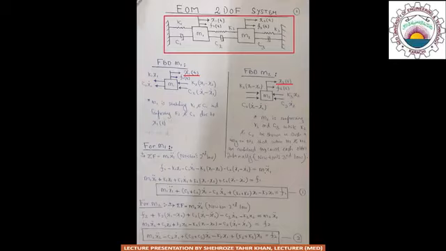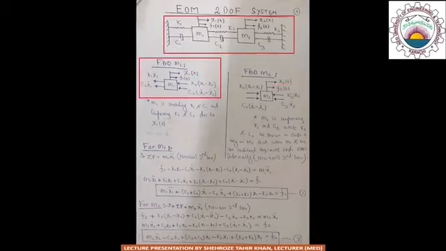First of all, for the free body diagram of mass m1 as shown in the figure, the mass m1 is connected to the fixed support on the left hand side by means of the stiffness element K1 and damping element c1. The mass is translating with some displacement x1 of t, where the displacement x1 is a function of time.